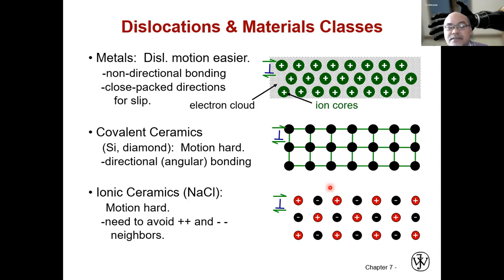Tiles are basically ceramics, and usually they are ionic ceramic or a little bit covalent. So either way, it is still strong. Even with covalent or ionic bonding, ceramics are usually strong, and they are not as formable or bendable as metals.